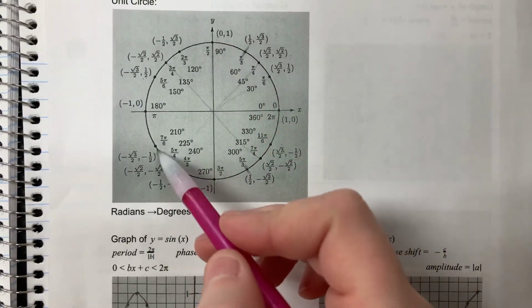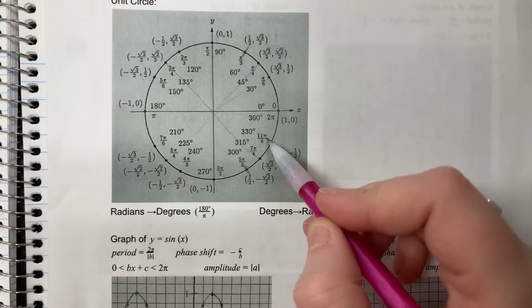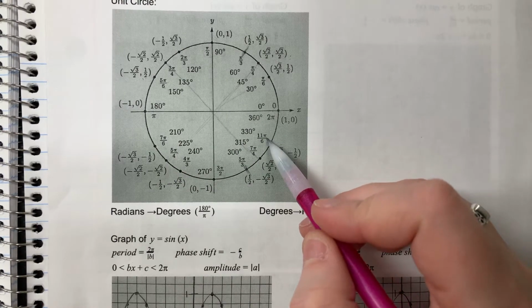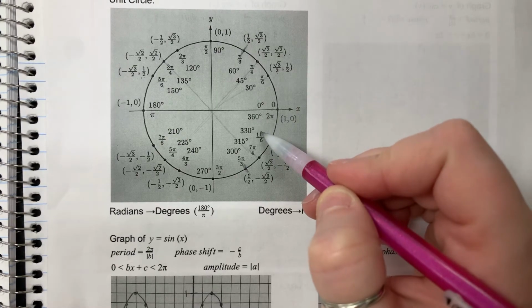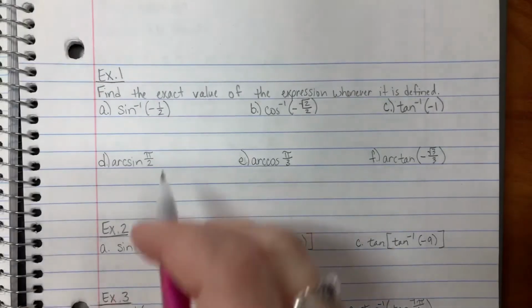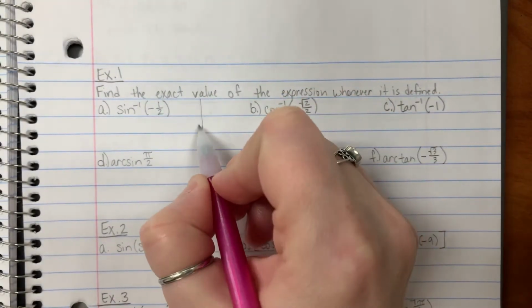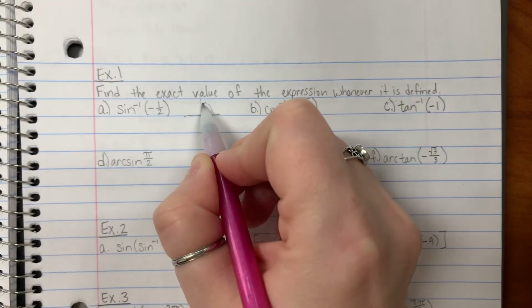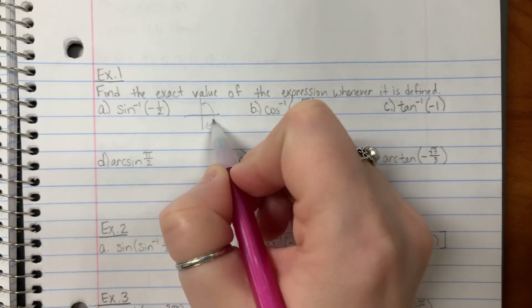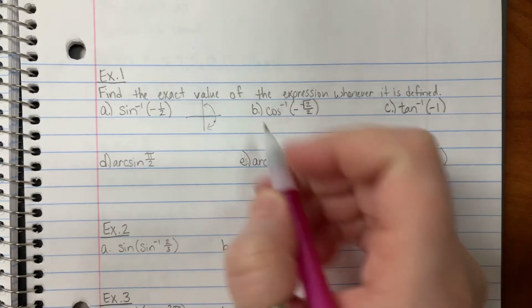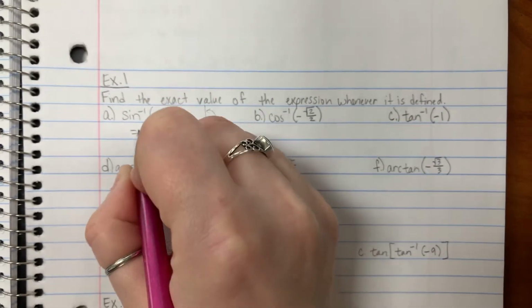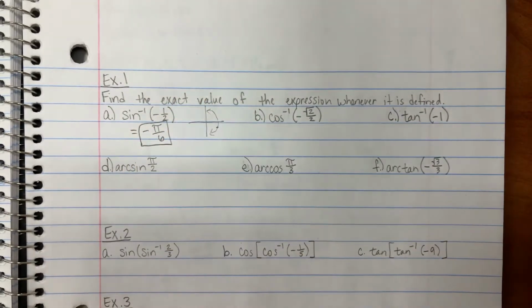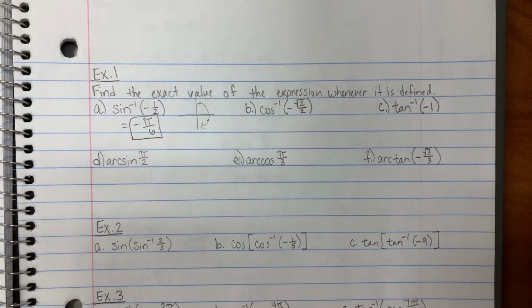So this one doesn't really mean anything to me. This one does. But again, it has to be between -π/2 and π/2, which means I need to think about this as -π/6. So in this first one, I would sketch out that I need to be thinking about this, and on my unit circle, that puts it there. So this one ends up -π/6. You probably will not have any work for these. It's just working through that in your head.